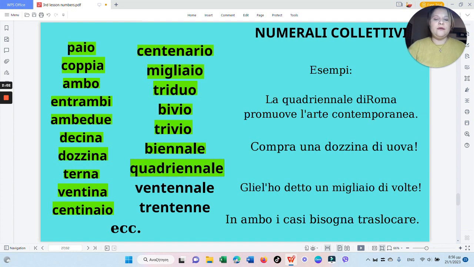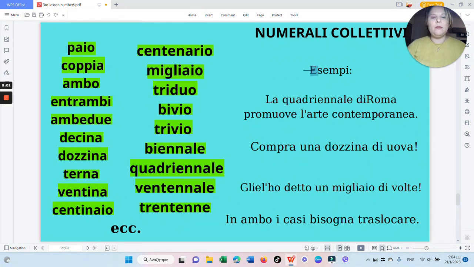Quadriennale, a 4th year. Quintennale, it lasts 20 years. Tenne, 30 years. That is, when somebody has about 30 years, Luigi deve essere trentenne. Luigi must be about 30 years old.